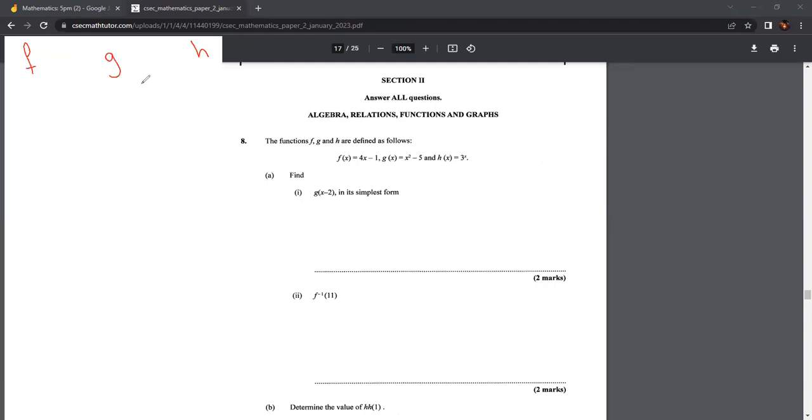Those are the common letters they use for your functions. f of x, g of x, h of x, you could also see it represented like this, where they are telling you f is such that x is mapped onto whatever it is.